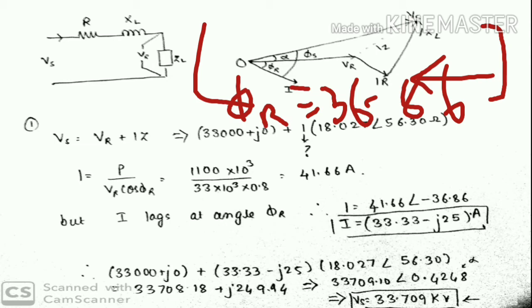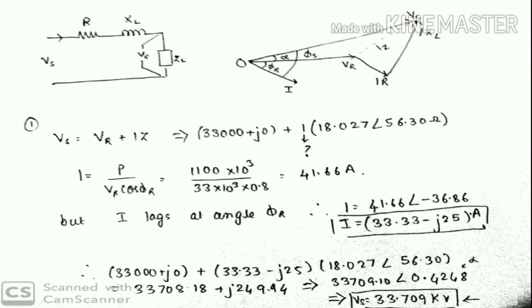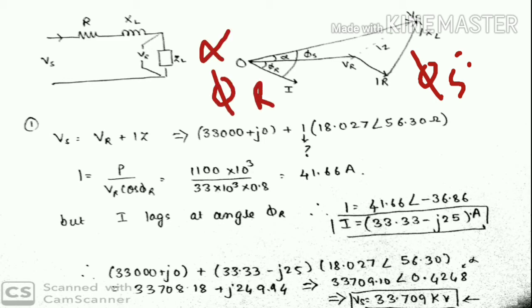Now you can see the voltage drops IR and IXL, and this sum will give you IZ. And you can see here the total angle is phi s, and its subparts are alpha and phi r. So we have found the value of phi r. Now we will find the value of phi s and alpha, but later.